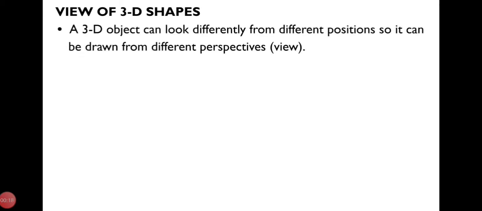Now, what is view of 3D shapes? A 3D object can look different from different positions, so it can be drawn from different perspectives. That is, different views you can see. If you see any 3D object, as it is three dimensional, we get another type of shapes.